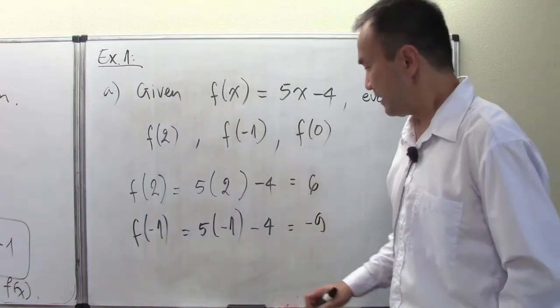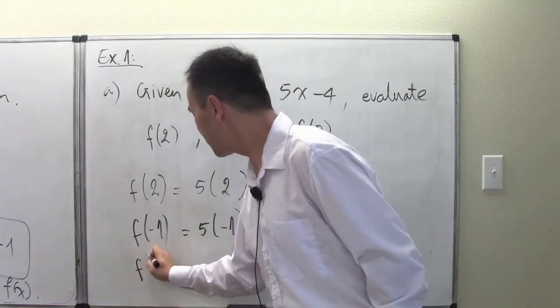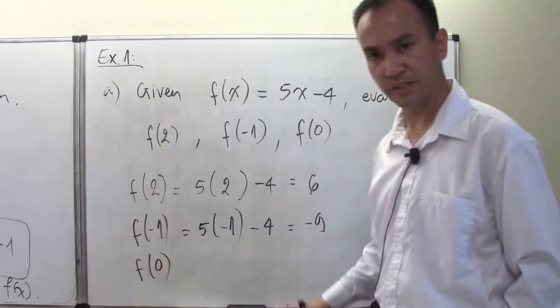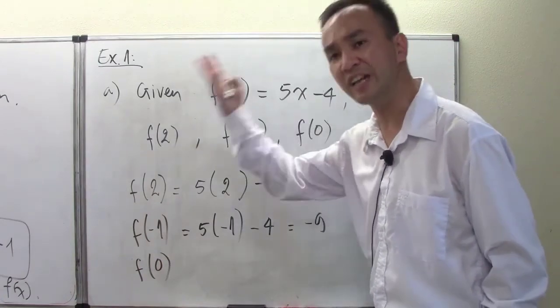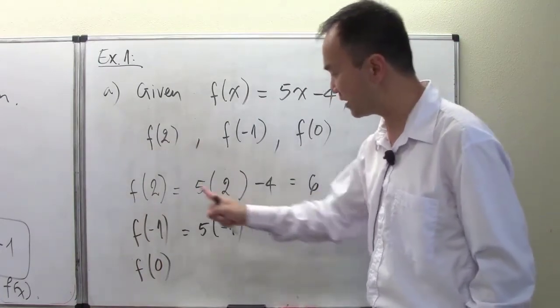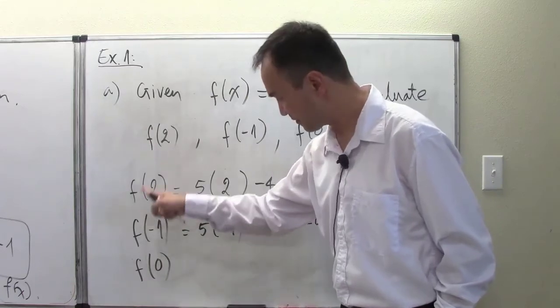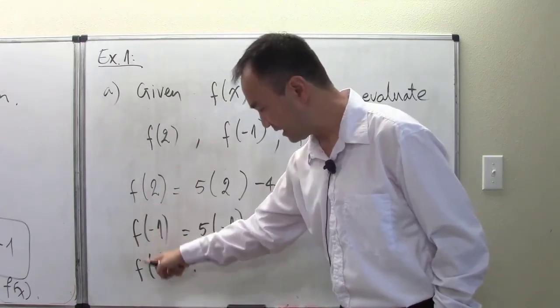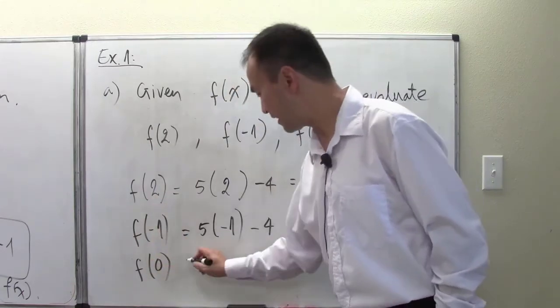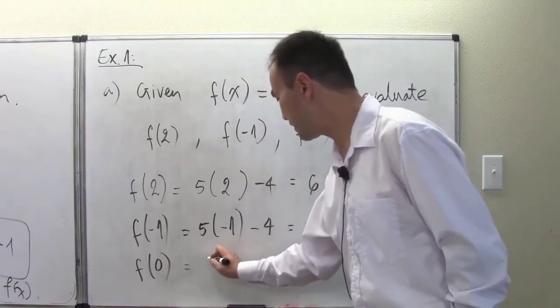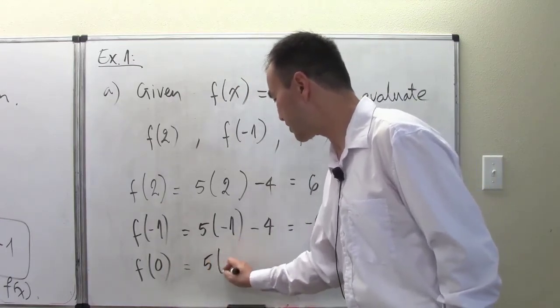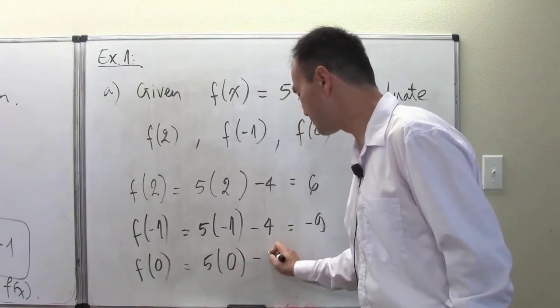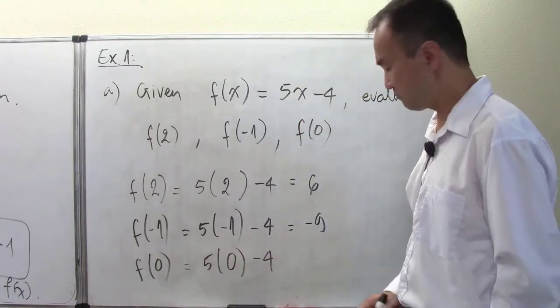Then f of 0. Along with the way I'm saying it out loud so that you can start getting used to it, this is f of 2, f of negative 1, f of 0. Now this is 5 times 0 minus 4, and the output is negative 4.